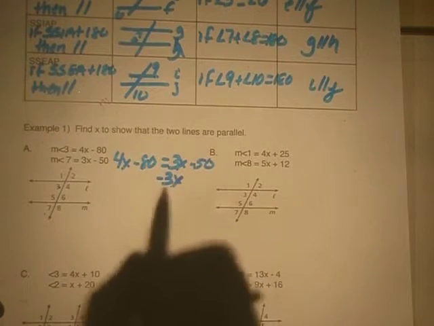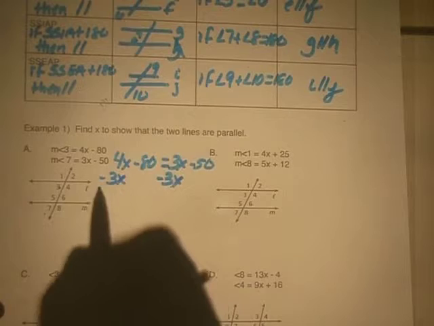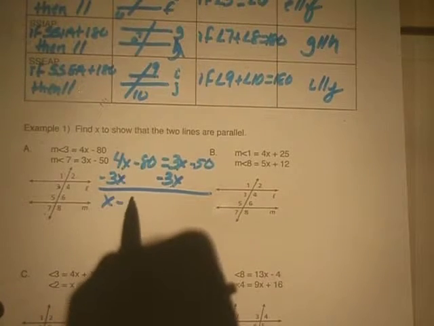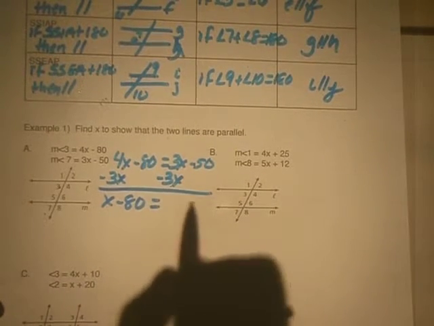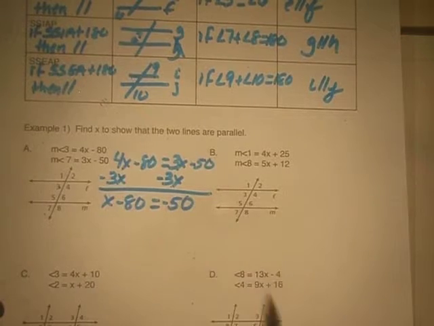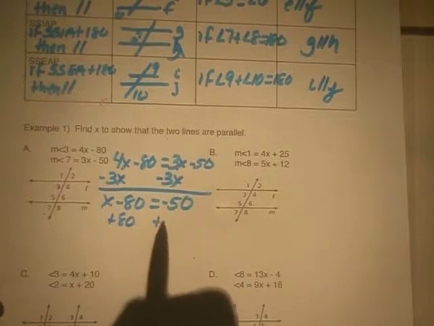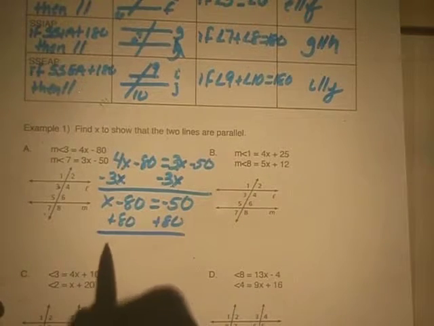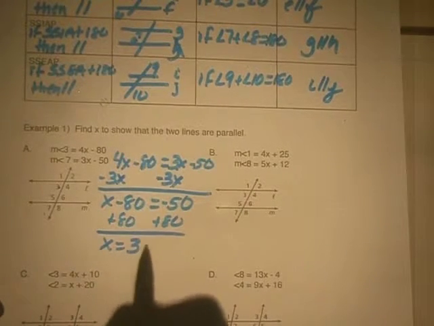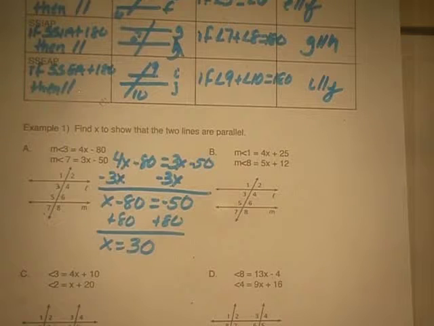You would subtract 3x from both sides, and you would have x minus 80 equals negative 50. Adding 80 to both sides, your x equals 30. So that's the angle measure that makes your lines parallel.